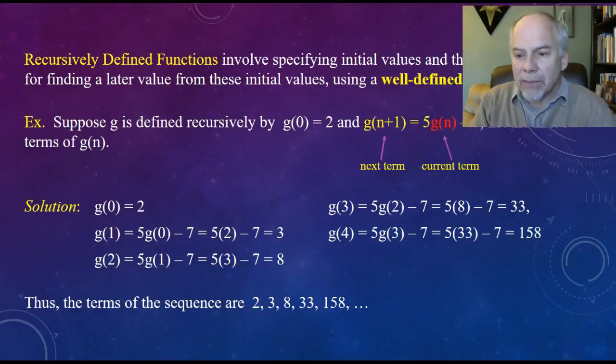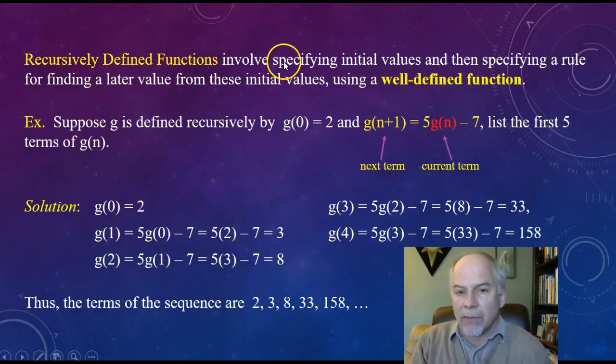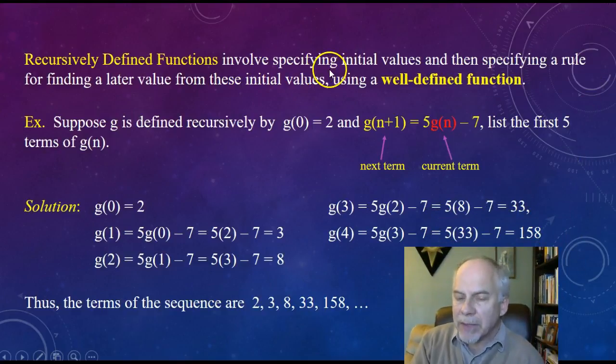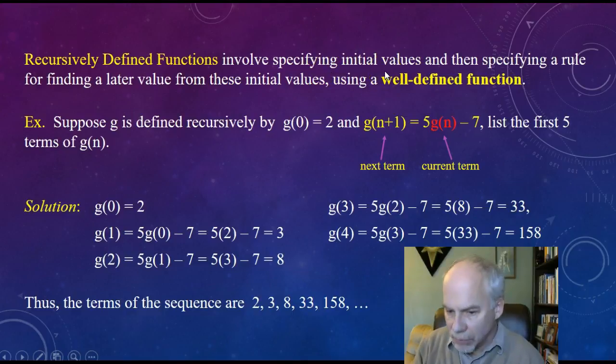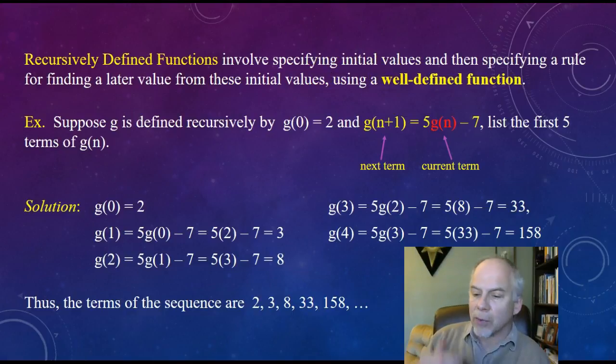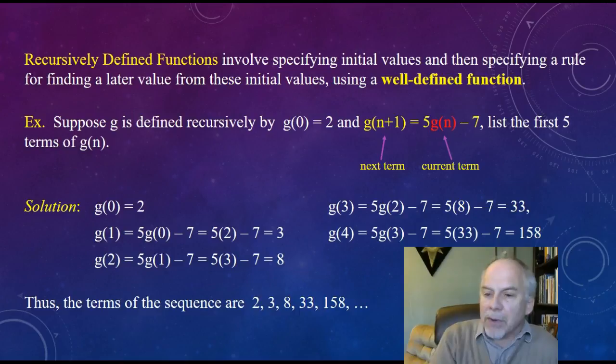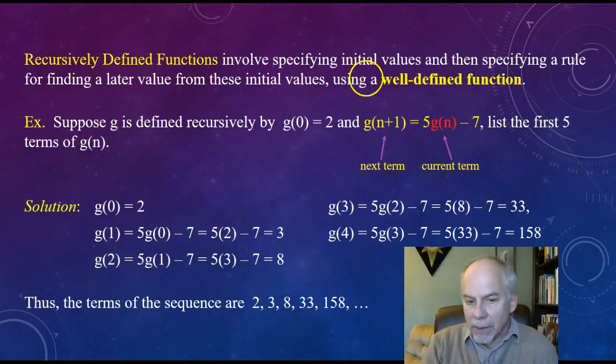Now, recursively defined functions involve specifying initial values and then specifying a rule for finding a later value from those initial values using what is called a well-defined function. So a well-defined function is just one where there's no doubt about how you can get the next value from the current value.